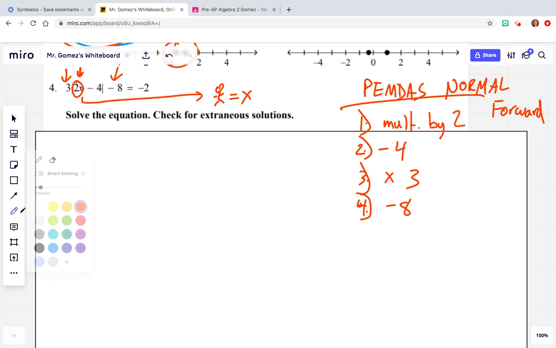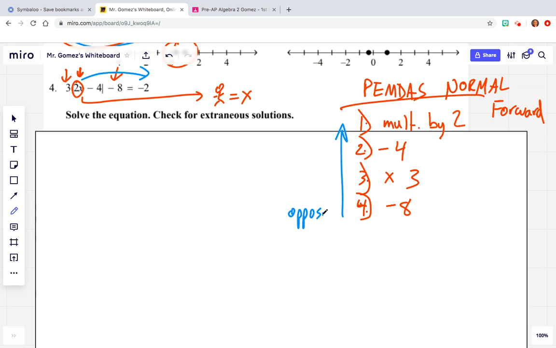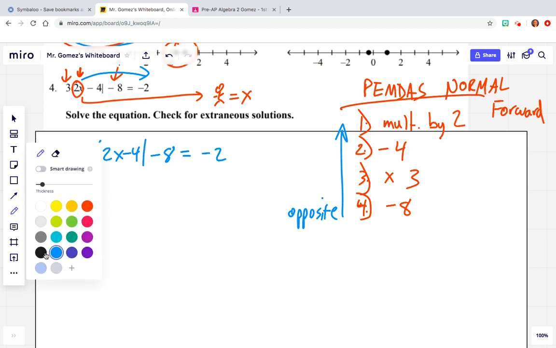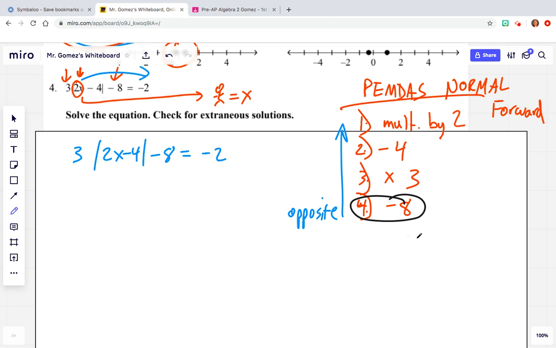So if you struggle as far as which one to do first to move over to the other side with negative 2, I would list them out and then do the backwards opposite. From here, 2x minus 4, if I'm trying to get x by itself, I'm going to add 8 to both sides.